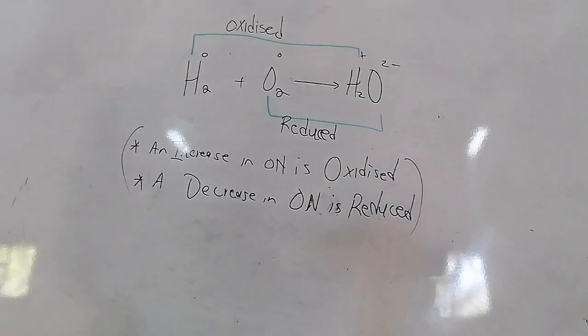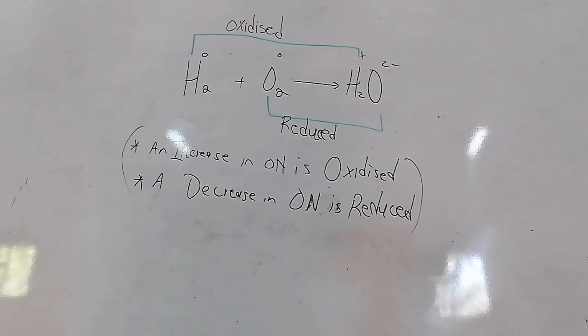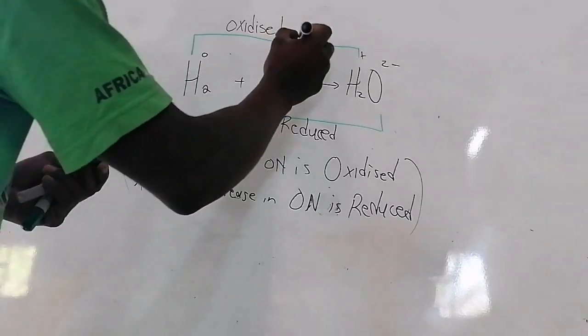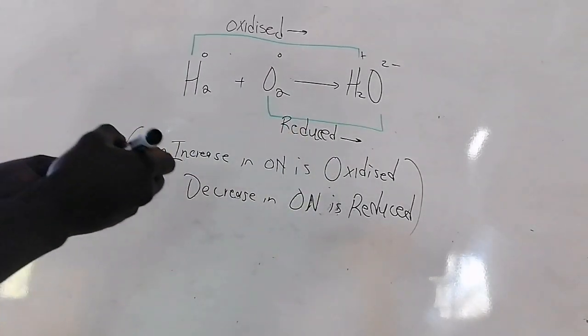Then when we define the oxidizing agent, we said that it is the substance causing the oxidation of the other substance and is itself reduced. So it means that since this one has oxidized, and this one has reduced.